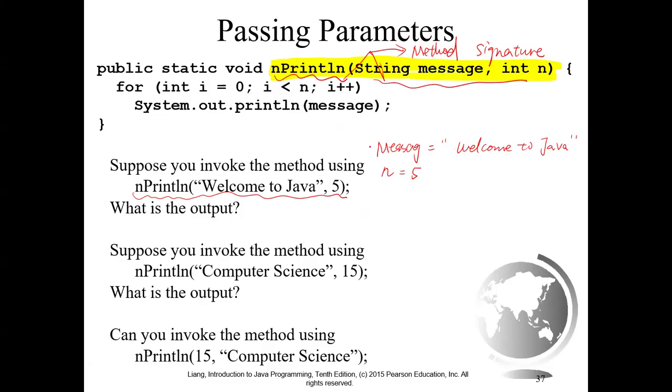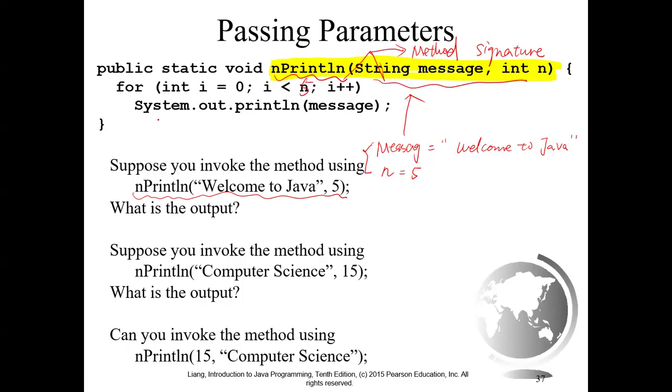In this case, we pass these two things to the method. And then let's look at the for loop inside. Here it says for integer i equal to 0, i smaller than n. Here n is 5, right?